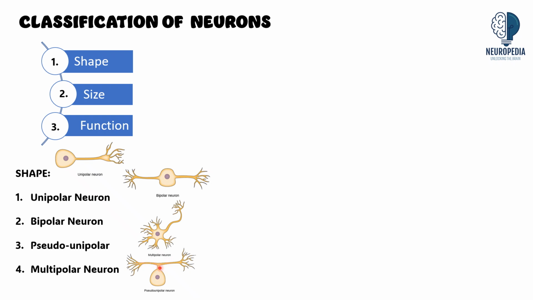So this single process is splitting into two branches, and basically it resembles a T shape. So these are involved in relaying sensory information such as touch and pain from the body to the nervous system.